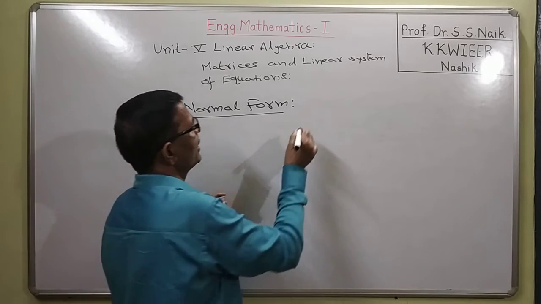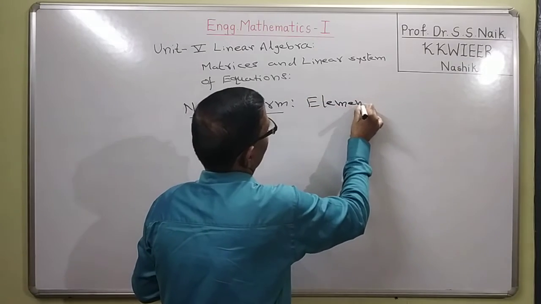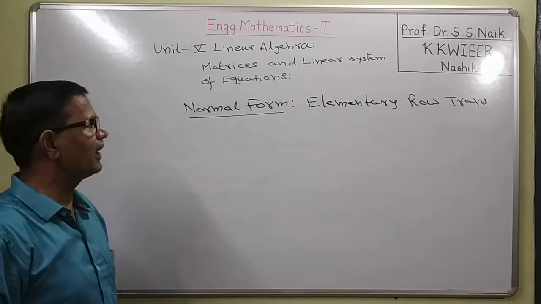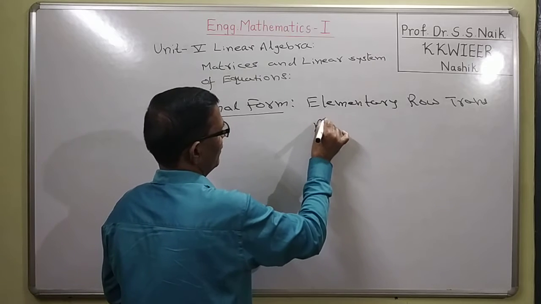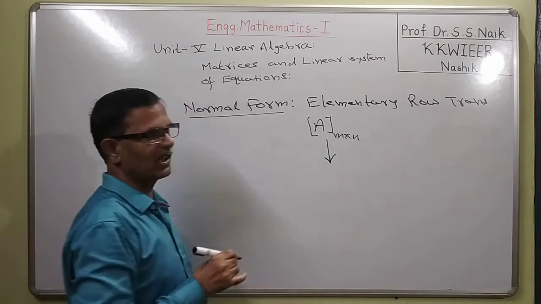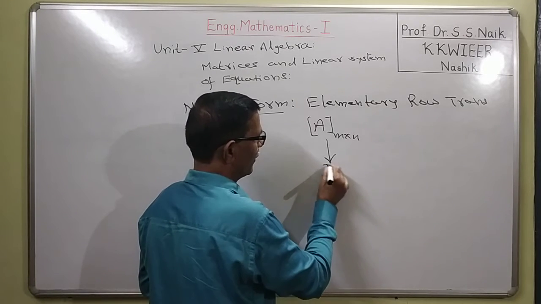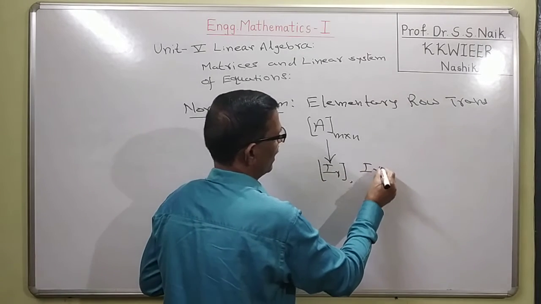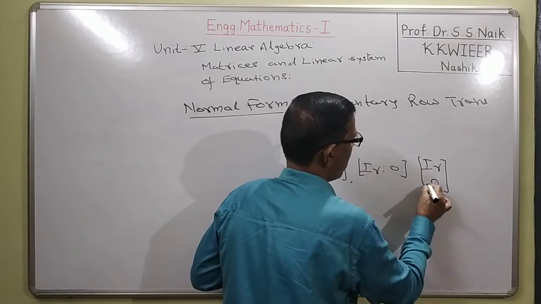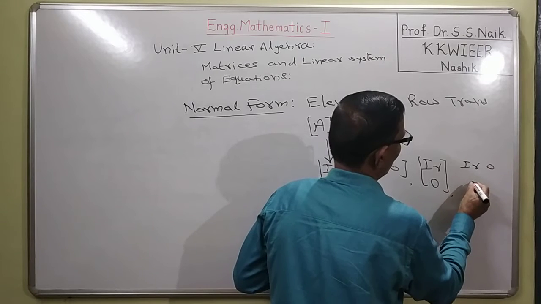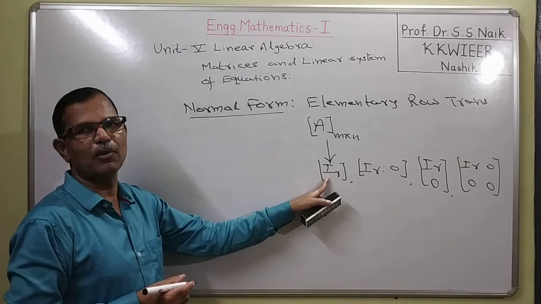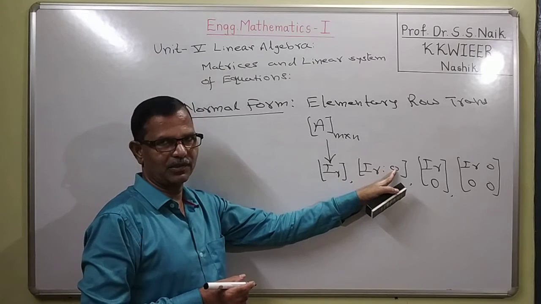By means of elementary row transformations, any given matrix, that is a matrix of order m by n, is converted to any one of the following forms: I_R, then [I_R O], then [I_R O; O O], where this I_R is a unit matrix of order R and O is a null matrix or zero matrix.